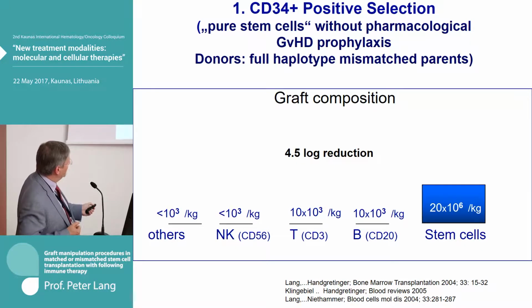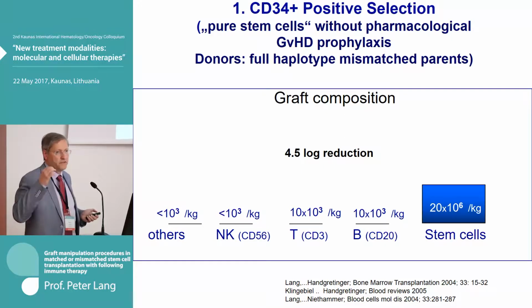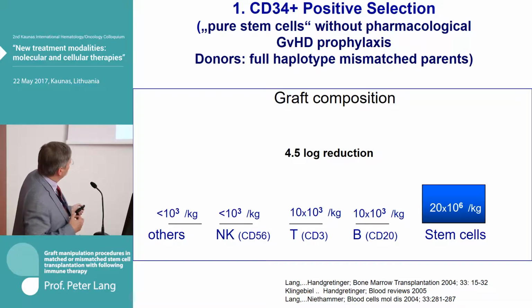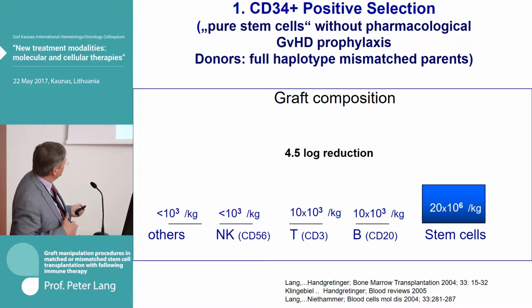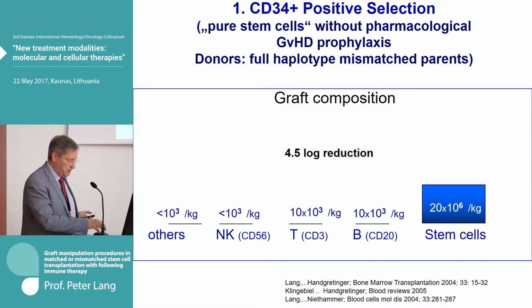We infused a high number of stem cells with very low numbers of residual T cells, only 10,000 per kg body weight, which means a 4.5 log reduction of the T cell count of the graft, and with less than 10,000 residual B cells and no other additional cells.